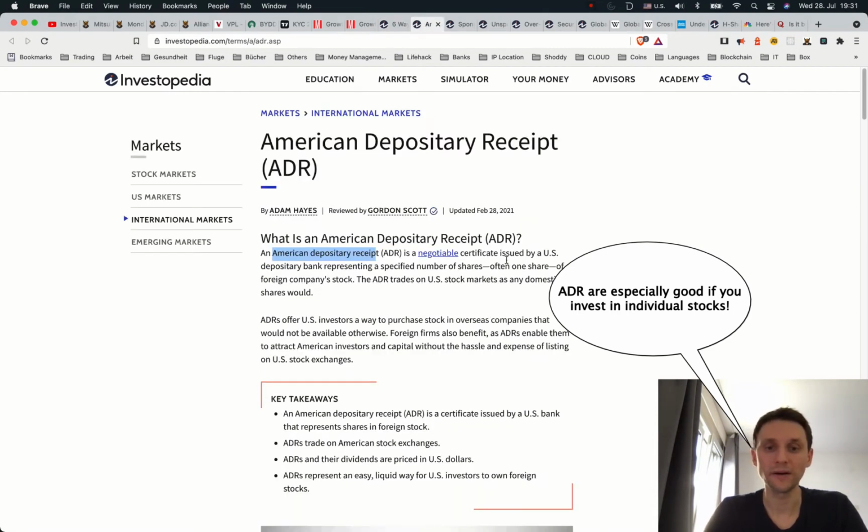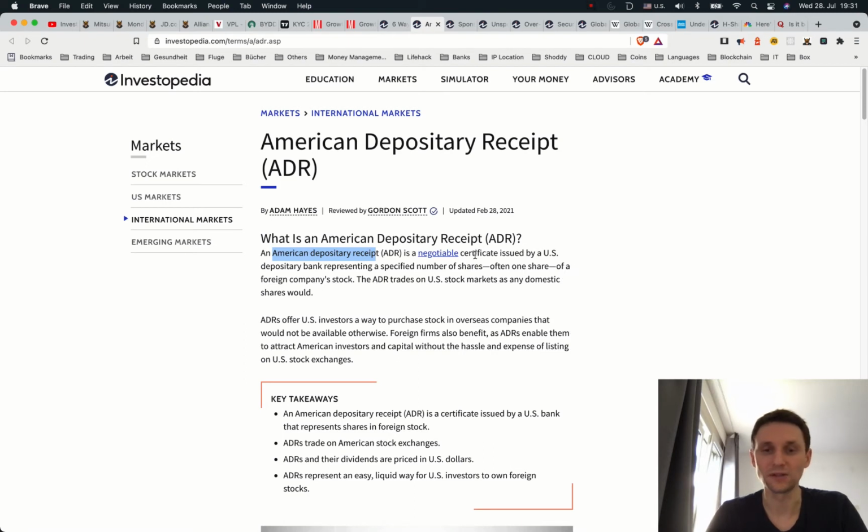An ADR is a certificate issued by a US depository bank, and it represents a specific number of shares of a foreign company stock, often one share, but sometimes more. In my next example, I will show you that. The ADR trades on US stock markets like any domestic shares.